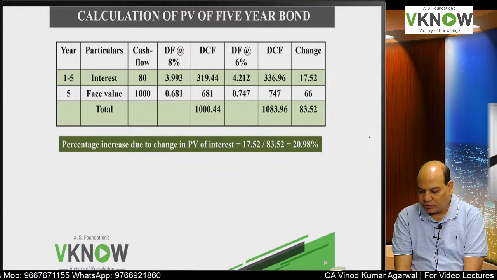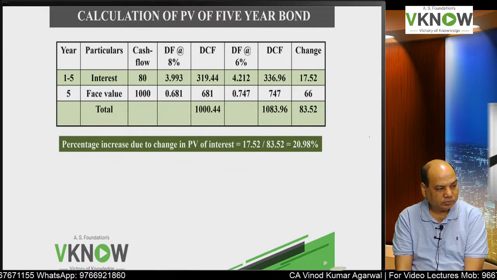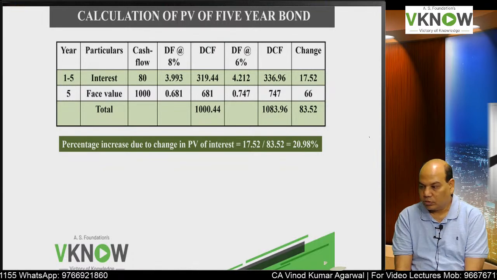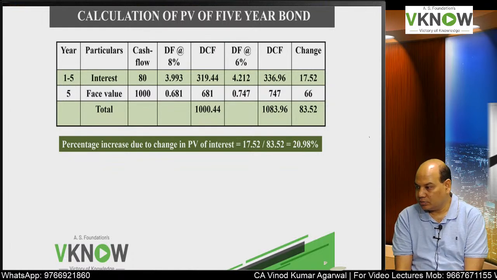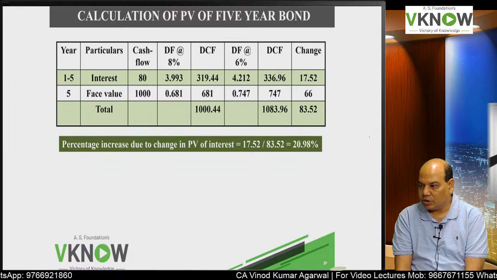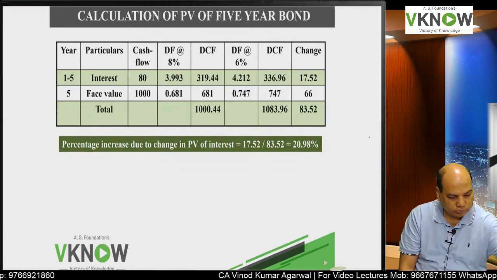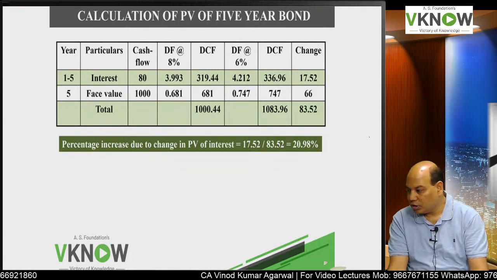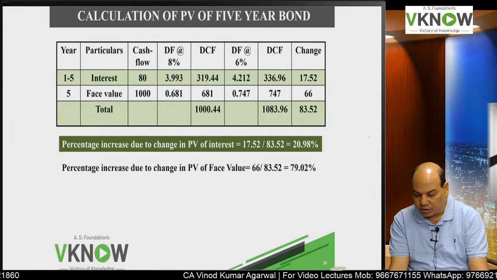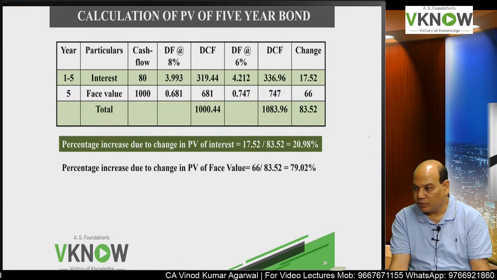So percentage change will be 17.52 divided by 83.52. That is 20.98%. Is it right? 20.98%. Check the answer.